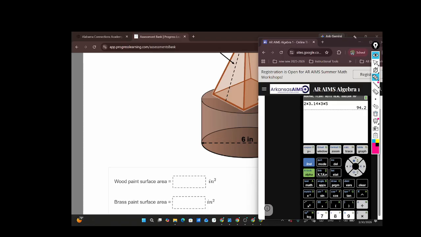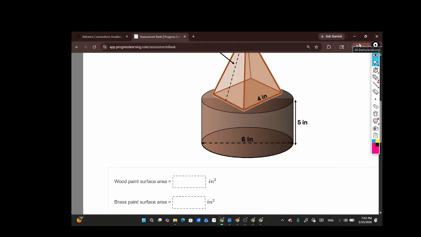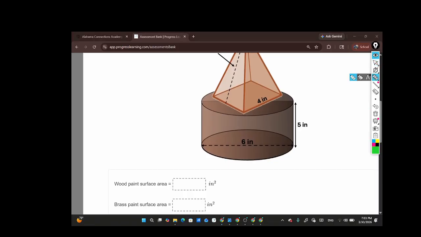Now to complete finding the surface area, we have finished with the lateral area. Now we need to calculate the area of the top base.